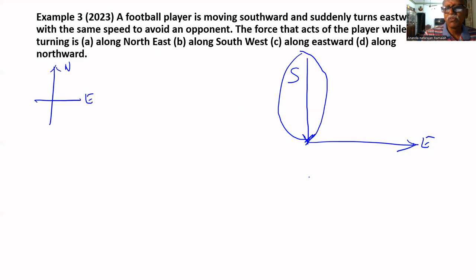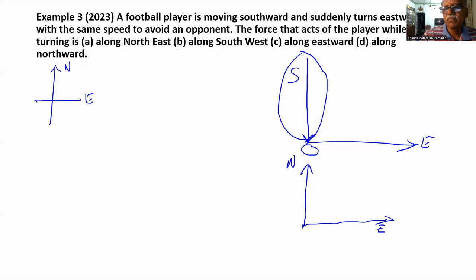It must become 0, which means we need an equal and opposite force towards north. Then he has to turn towards east. For that, he needs some force towards east. So the combination of these two will avoid collision with the opponent player.